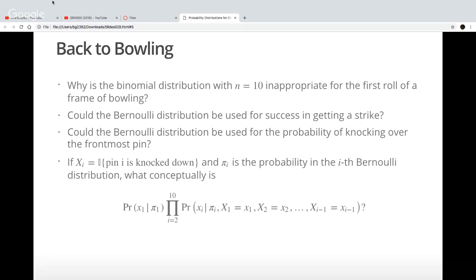Right? Or a trivariate probability distribution. And then if we take that and multiply it by the conditional probability that the fourth pin gets knocked down, given that the first 3 were or were not, so 8 possibilities there, then what do we have?